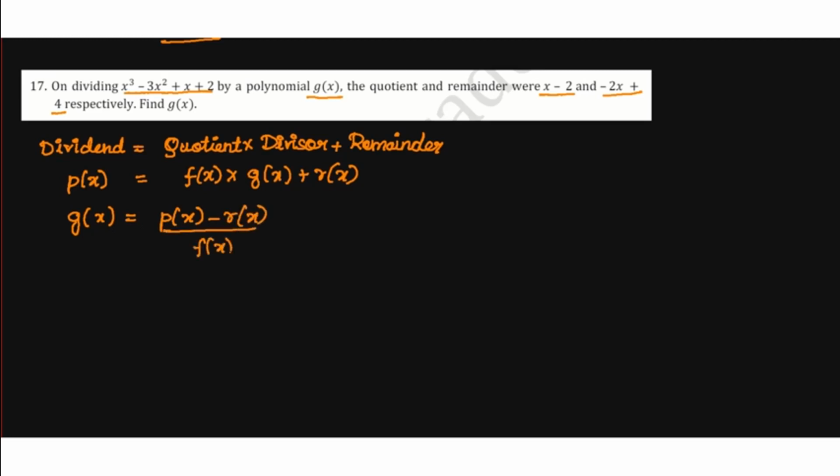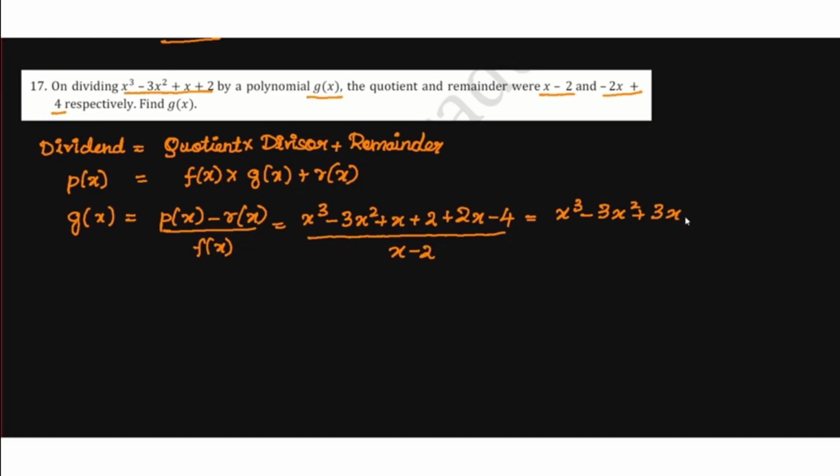Putting the terms, I get x cube minus 3x square plus x plus 2, and remainder minus of minus 2x, which is plus 2x minus 4 by f of x, which is x minus 2, which gives me x cube minus 3x square plus 3x minus 2 by x minus 2.